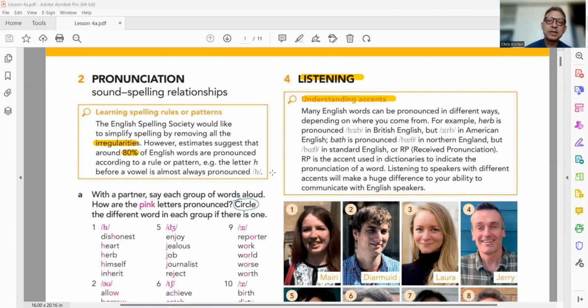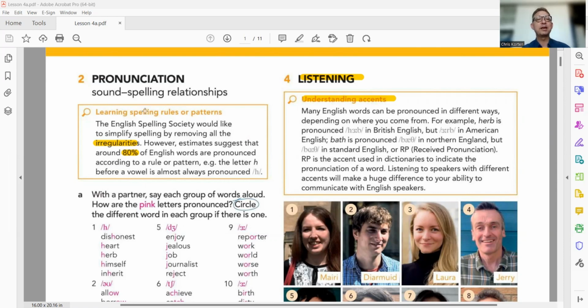Use all of these opportunities when I'm talking and when the audio files are speaking to improve your pronunciation. And as I've suggested earlier, you can always make a recording and send it to me and I will give you my feedback.